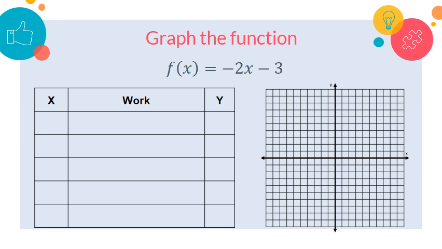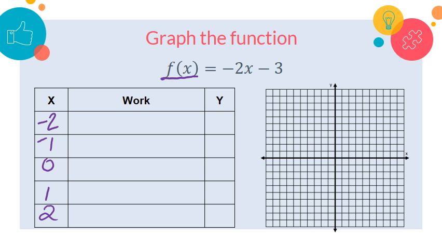Graph the function. All right, let's take a look. In this case, my first step, isolate the y or f of x. Already done. Step 2 from our notes. So flip to your notes if you need to at this point. Use or choose 5 x values. I'm going to stick to the standard 5 values we've used in class. Step 3, plug in those x values and simplify.